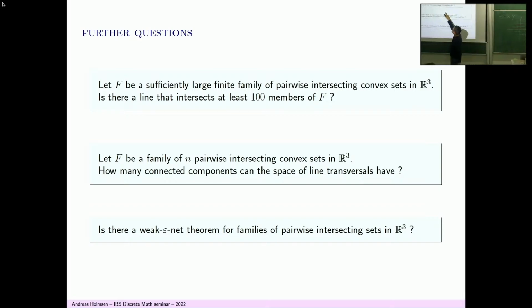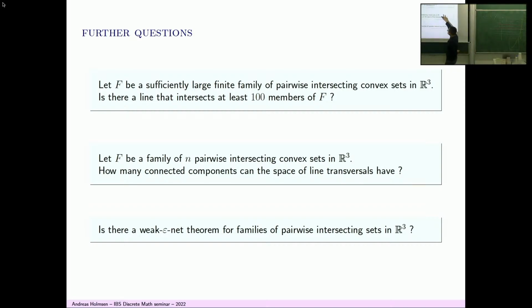And first question, suppose you have a sufficiently large finite family of pairwise intersecting convex sets in R3. Does there exist a line that intersects 100 of them? So if you make the family sufficiently large, can you always find a line that intersects 100 of the sets? We don't know.